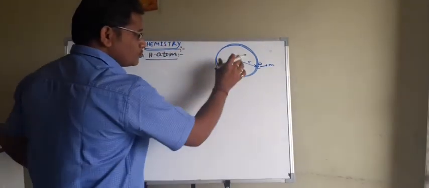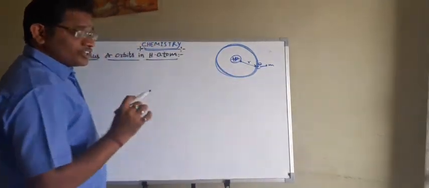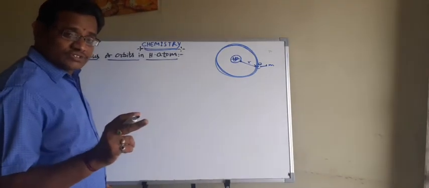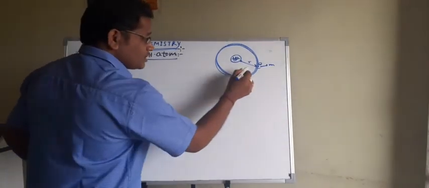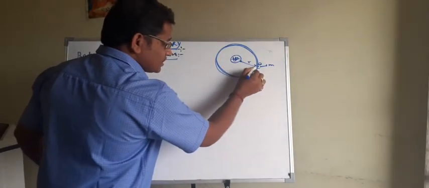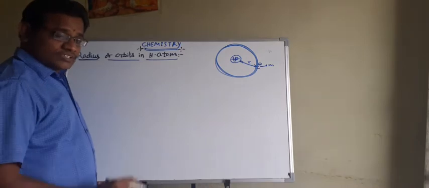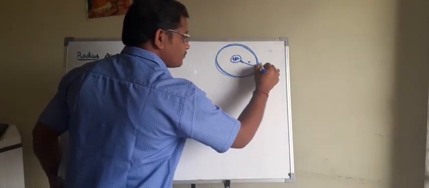According to Coulomb's law, the nucleus and the electrons are held together by two types of forces: centripetal force and centrifugal force. Centripetal force means the force that attracts the electrons toward the nucleus. Centrifugal force means the force that repels the electron away from the nucleus.